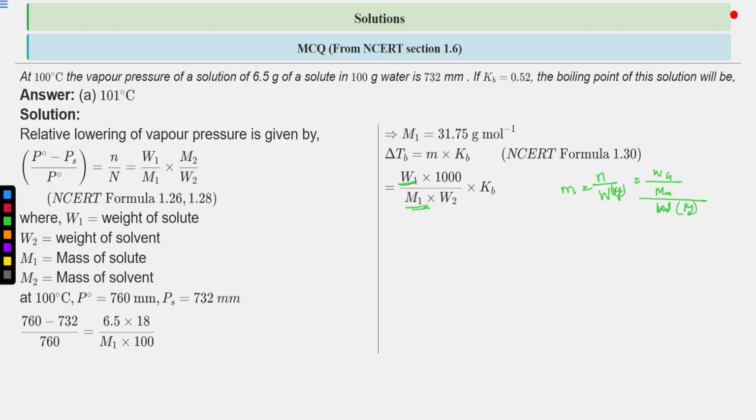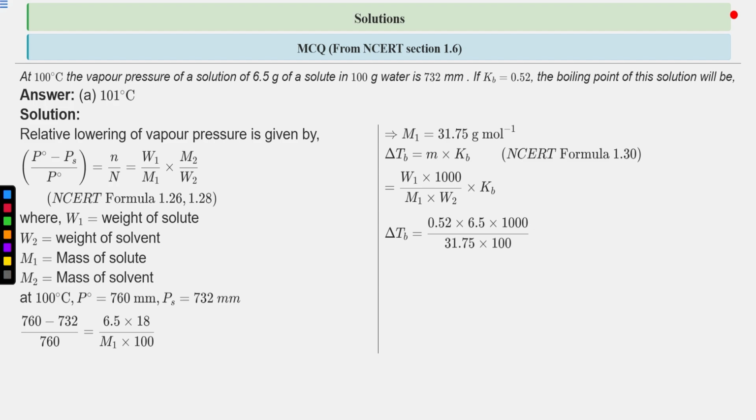The molar mass comes into the denominator. The weight W2 is given in grams, so for conversion to kg we divide it by 1000, and this 1000 goes in the numerator. And multiply by Kb. So W1 by M1 times 1000 by W2 times Kb.